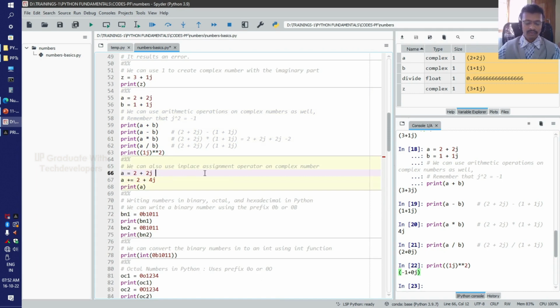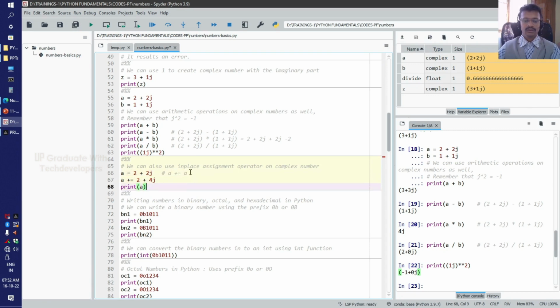For example, if you have a real number, in order to add, subtract, multiply or divide with another number, we use the in-place assignment operator, like a plus is equal to for addition, and for subtraction minus, multiplication star, and for division the division operator.